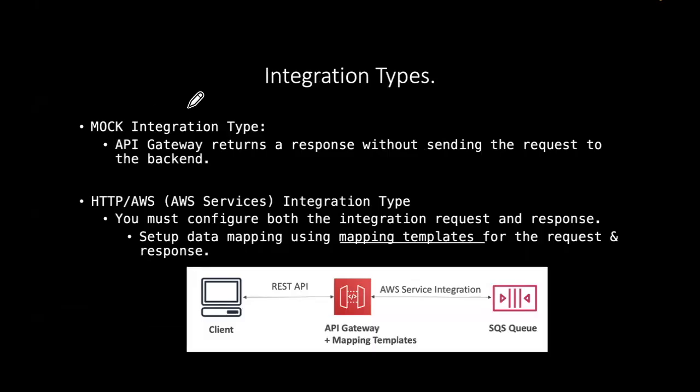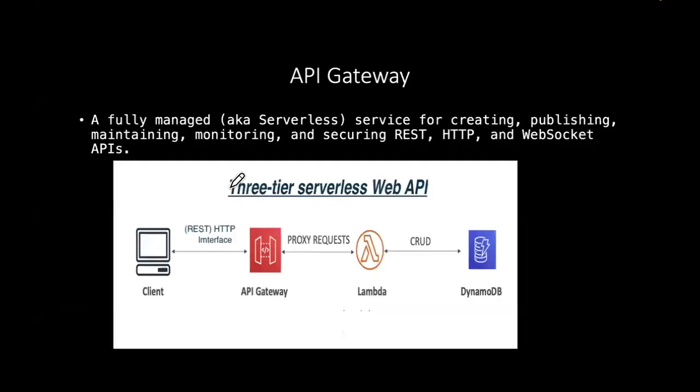Now, if I go back to here, right? So API Gateway, and then we have the backend that the gateway is integrated with. Now, it turns out that for the backend, there can be lots of different options there.